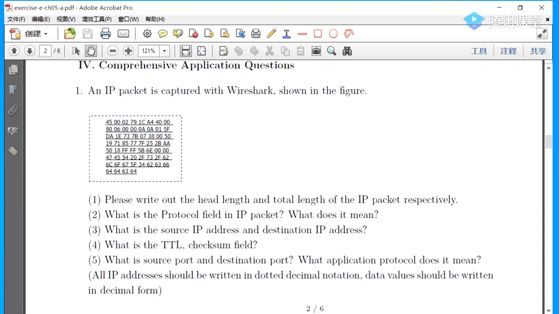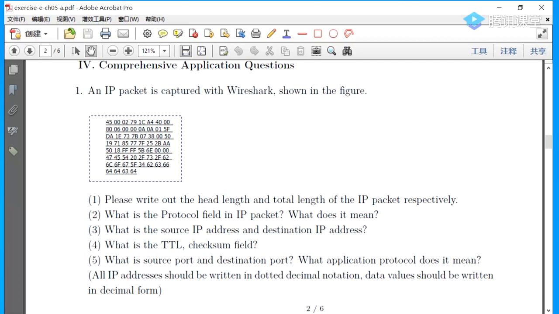And the information captured in the packet is listed. So we can write out the header length. 5 times 4 is 20 bytes. The total length we can also determine the value.